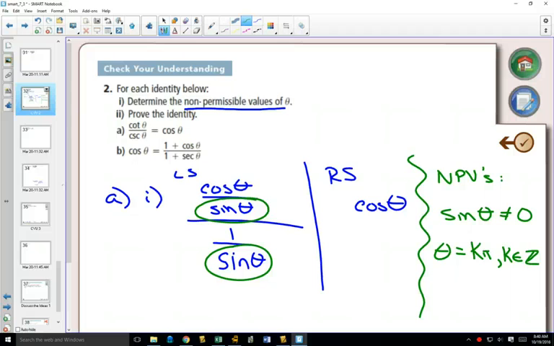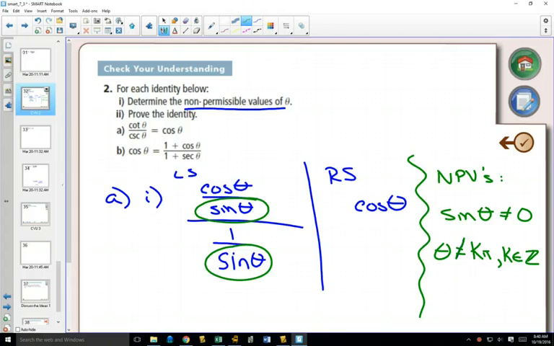So we would write that as k pi. So when we're looking for non-permissible values, all we're looking for is where we are dividing by 0. And then you're going to have to write the general solution for that: theta can't equal k pi.